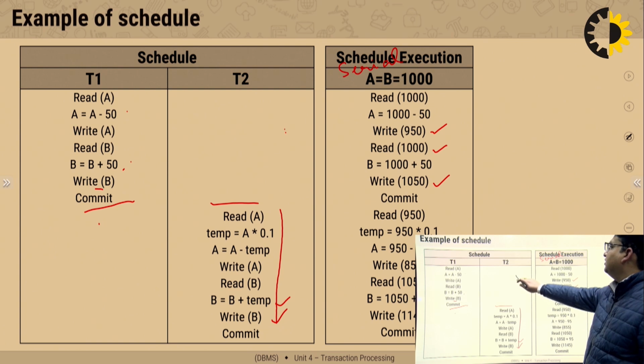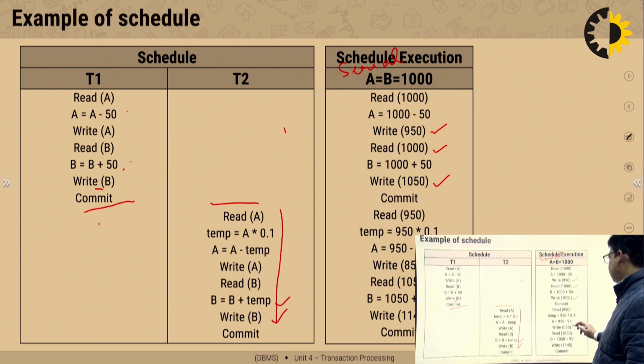Now T2 does its operations: temp equal to 950 times 0.1, that is 95, then A equal to 950 minus temp, which becomes 855, then B equal to 1050 plus 95, that value is 1145.